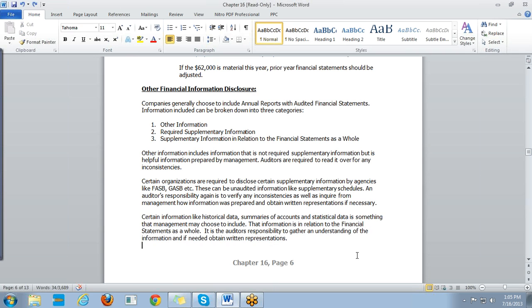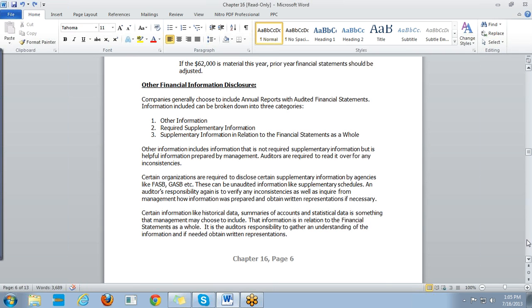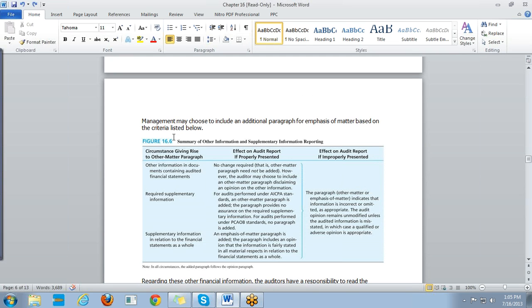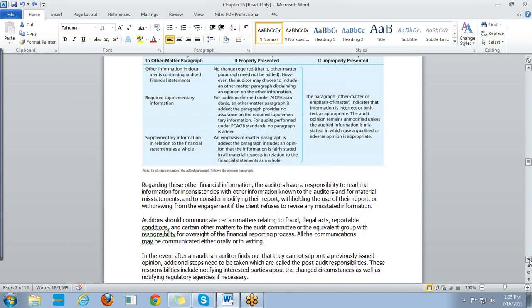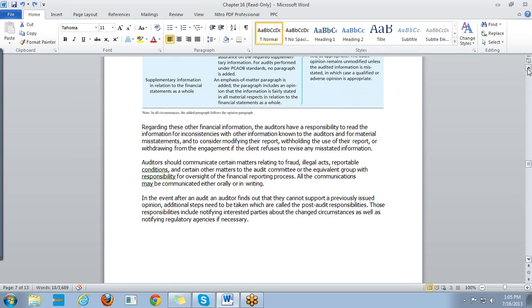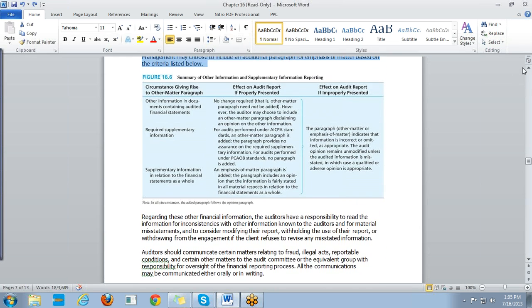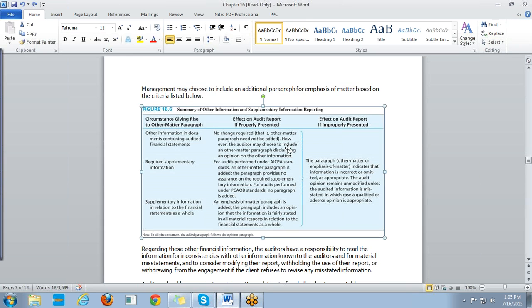Your responsibility is to gather an understanding of the information and, if needed, obtain written representations. Management may choose to include an additional paragraph for emphasis of matter based on the criteria listed below. Okay, and you need to review this. Based on management's understanding for supplementary information, they may decide to include an additional paragraph.